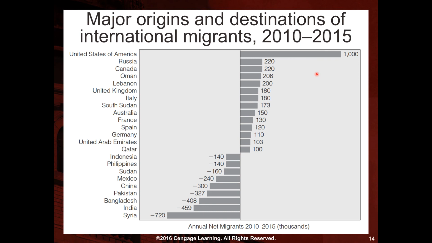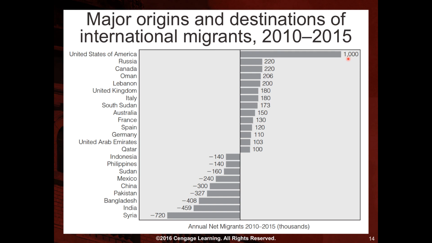And this other graph is more about net migration. This is to talk about the major origins and destinations of international migrants between 2010 and 2015. Between 2010 and 2015, the US received 1 million more migrants than it lost.